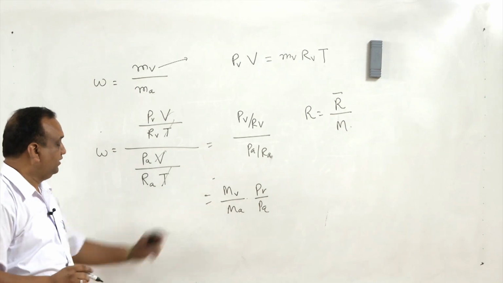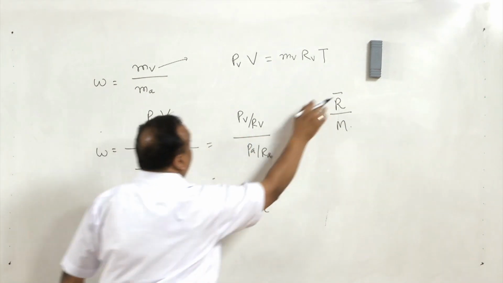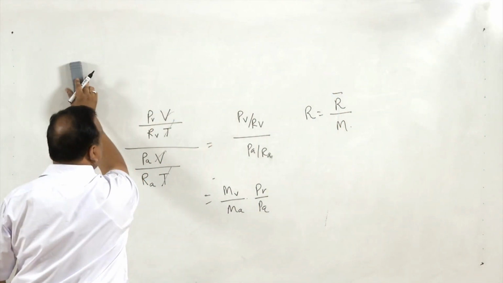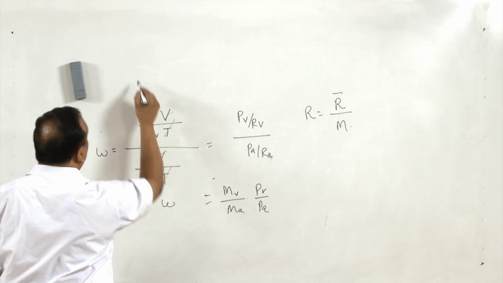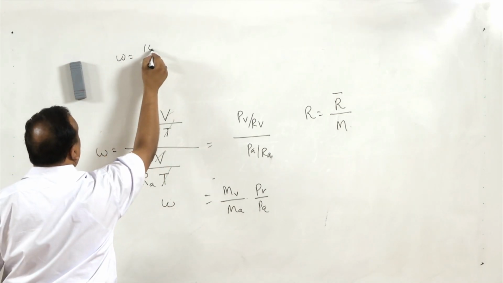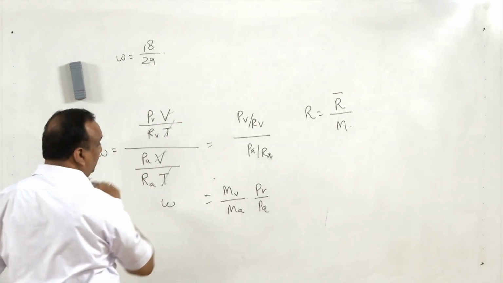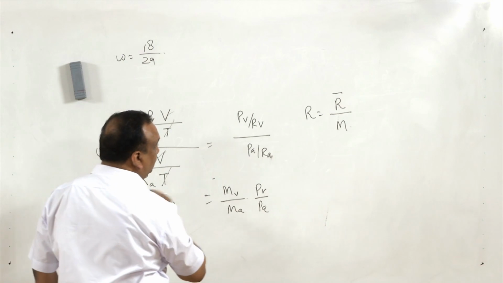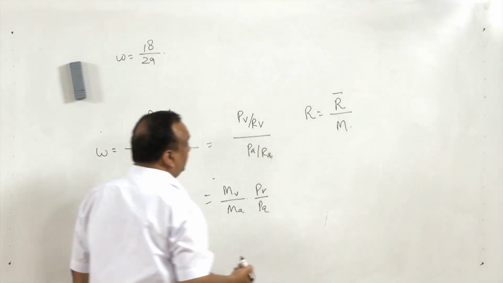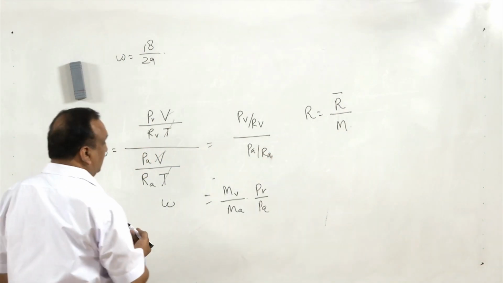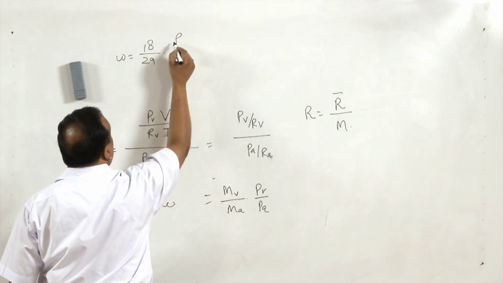Now, molecular mass of water is 18. So, W is 18 by 29, approximately for air it is approximately 29, and universal gas constant is same for all the gases, and PV by PA.